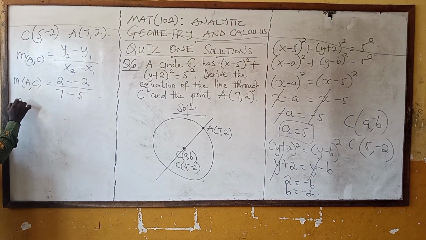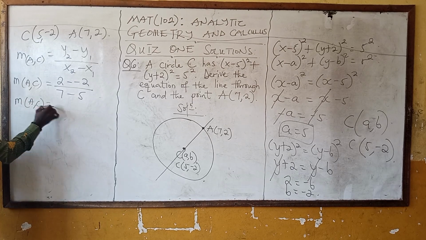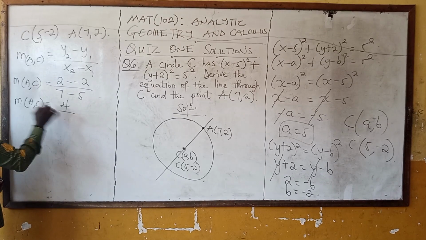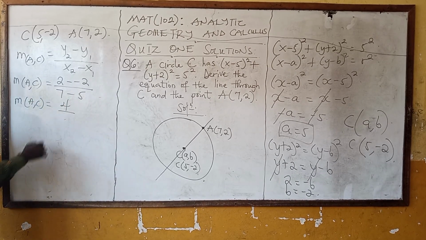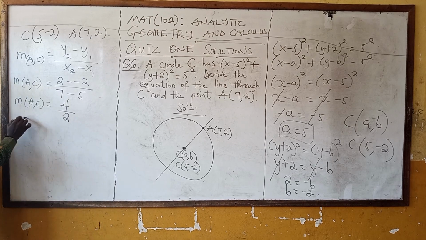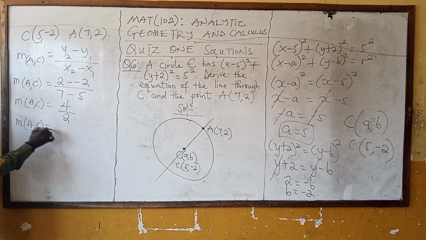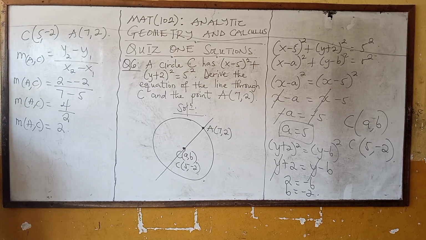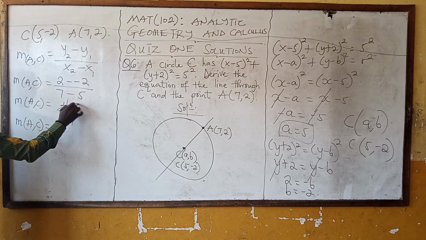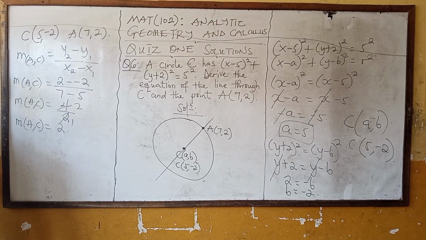So the gradient of AC is 2 plus 2, which gives 4, divided by 7 minus 5, which is 2. 4 divided by 2 gives 2.